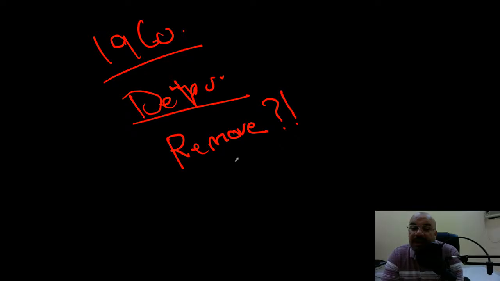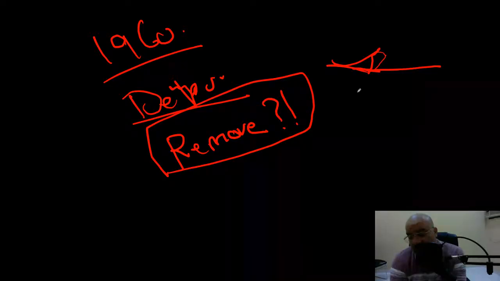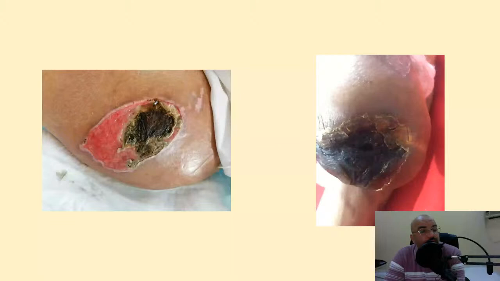If a healthy patient gets an injury and part of the skin comes off, what happens in the normal situation? The body does auto-debridement. So if we have this necrotic tissue, why should I remove it? Keep it until it is removed by itself.